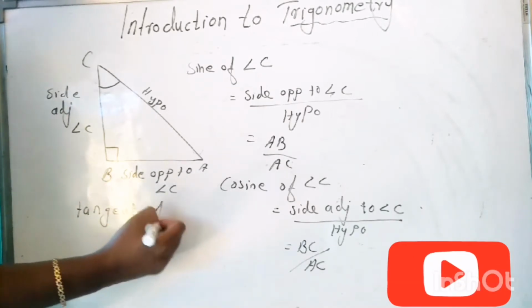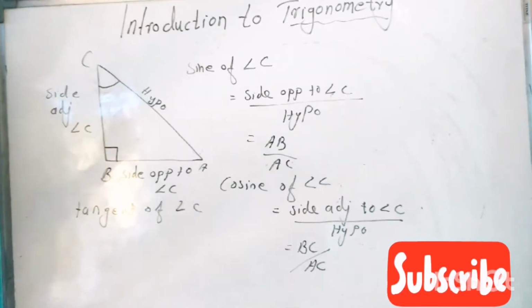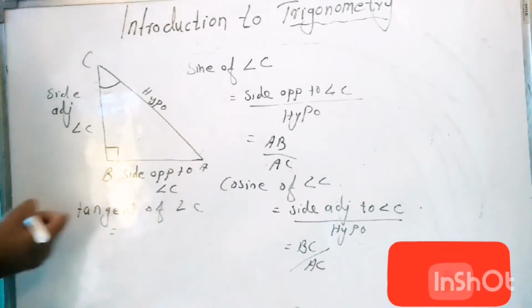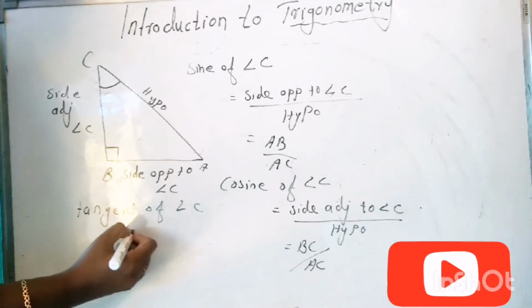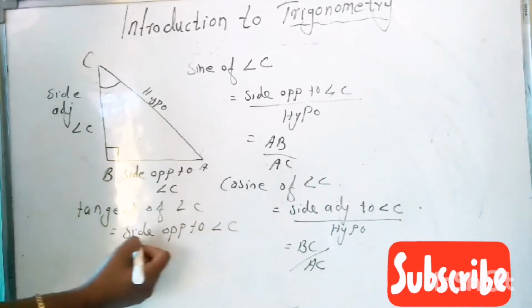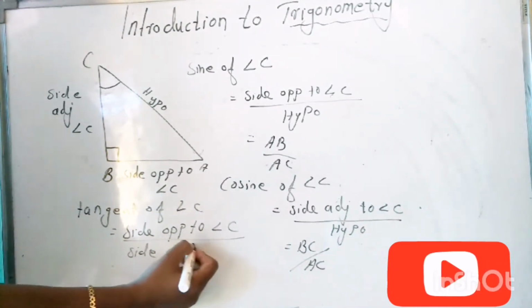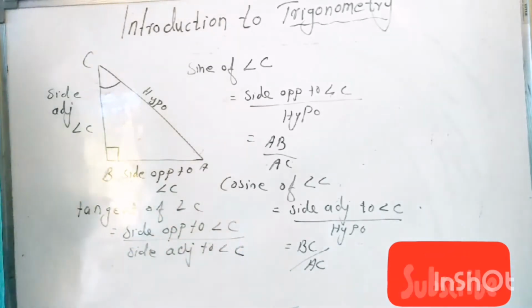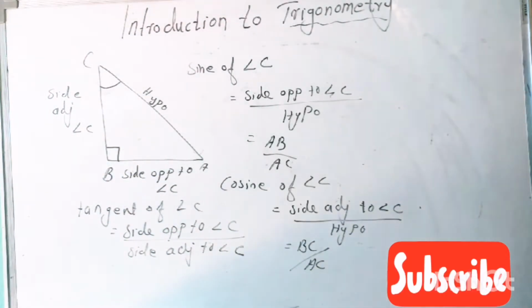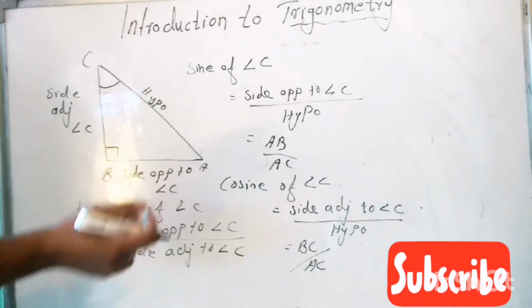Now the third one is tangent of angle C. Tangent means side opposite to angle C divided by side adjacent to angle C. What is the side opposite to angle C?